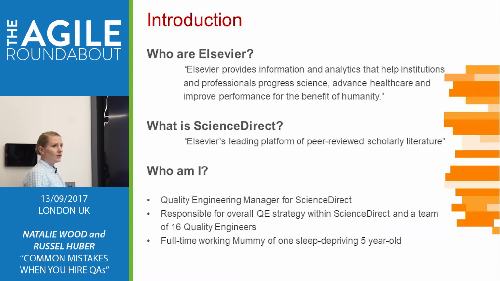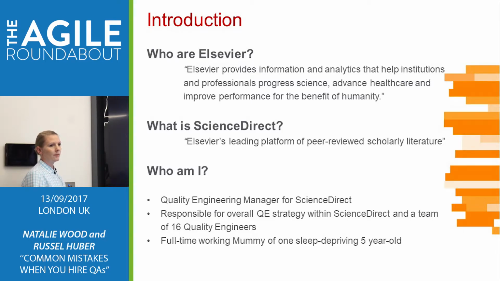So who are Elsevier? So I've literally gone onto our website and taken what it says there, and then I'll tell you what it really means. Elsevier provides information and analytics that help institutions and professionals progress science, advance healthcare, and improve performance for the benefit of humanity. So what does that really mean? So Elsevier back in the day, many years ago, were a publisher.